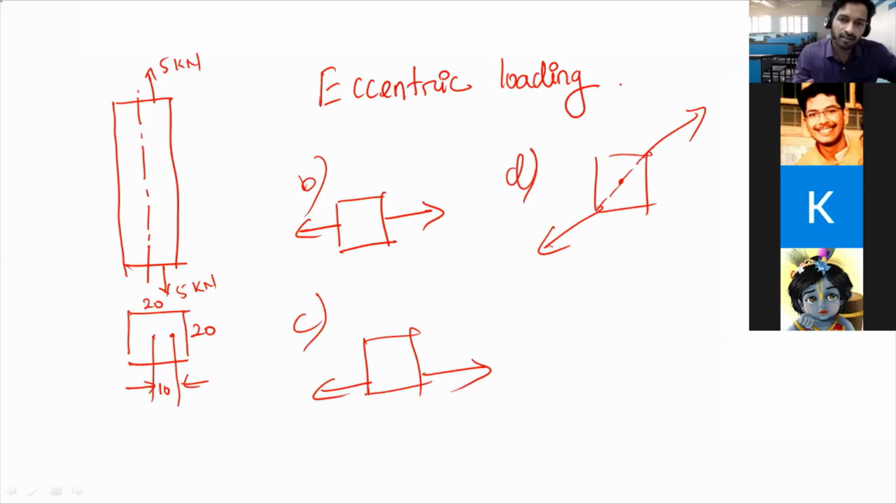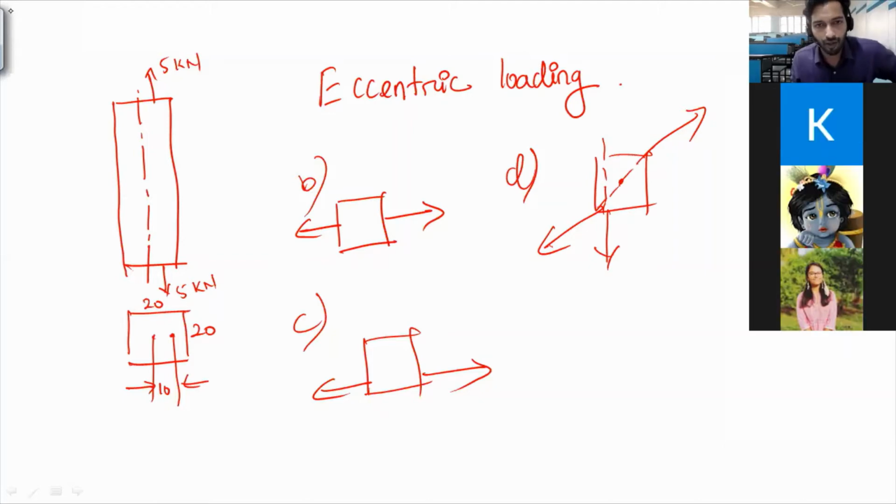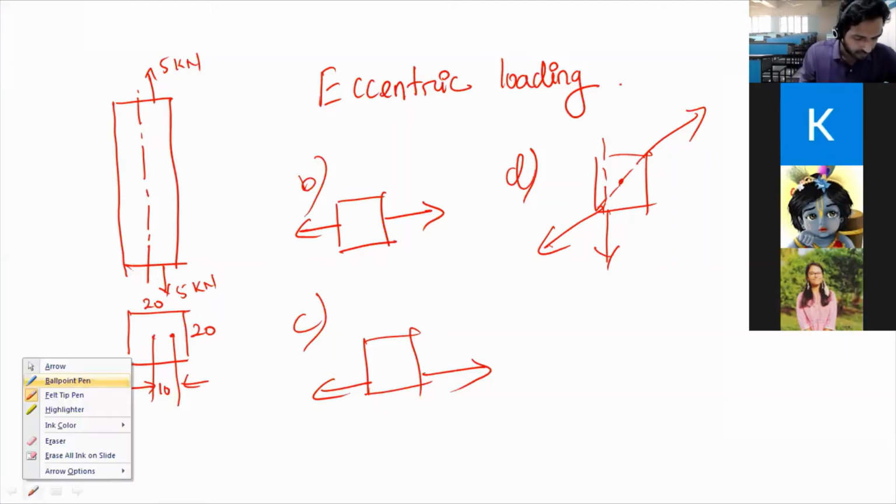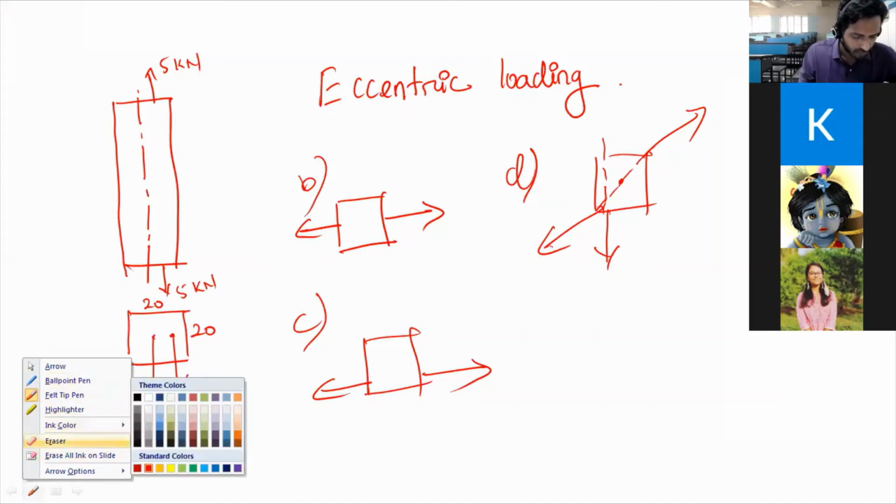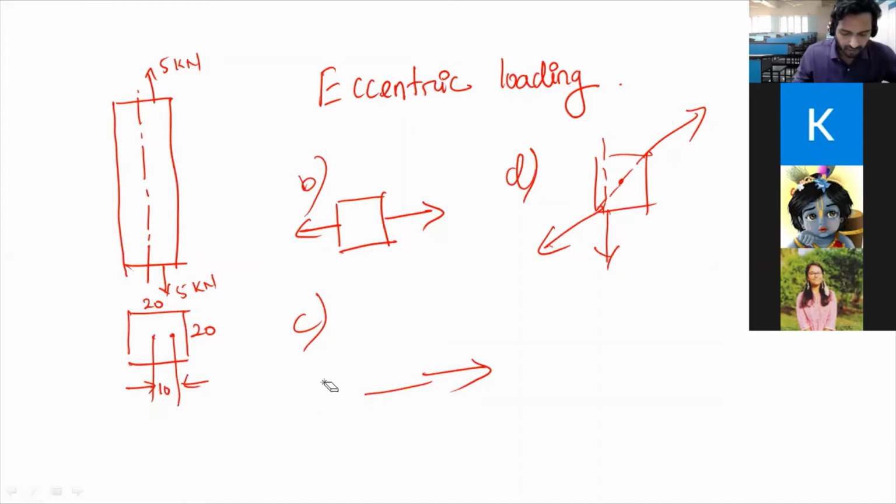It is as good as the previous sums. But when the line of action is eccentric to the centroid, then it is what we call eccentric loading. Do you understand the difference? Is that clear? Yes, sir.